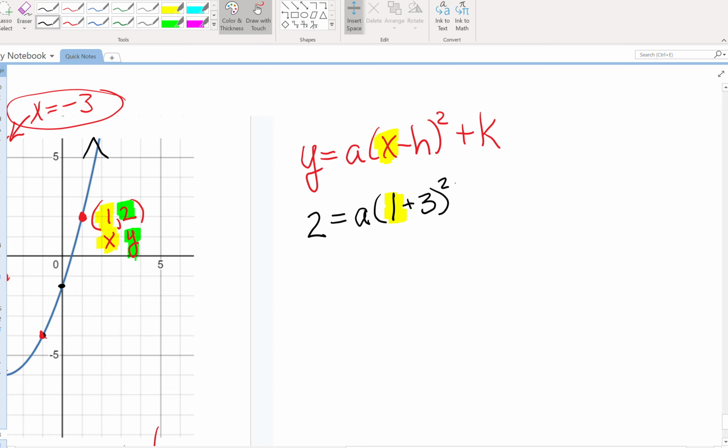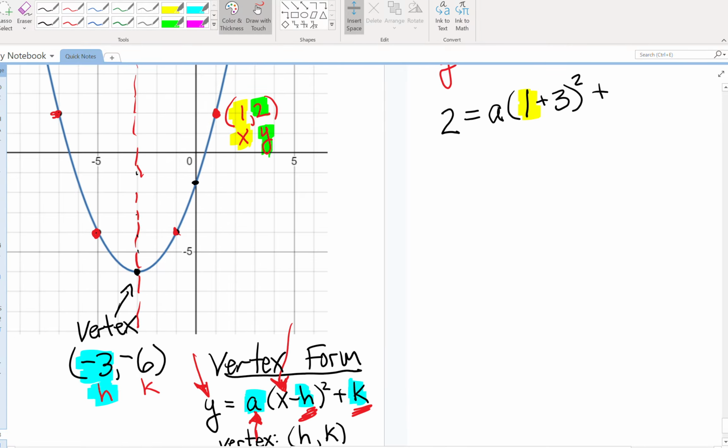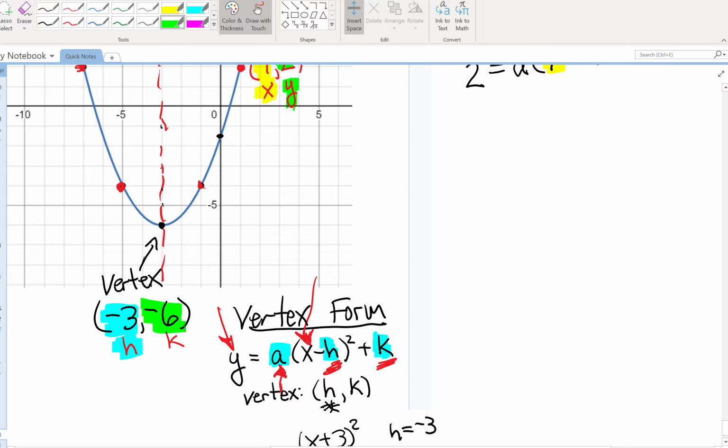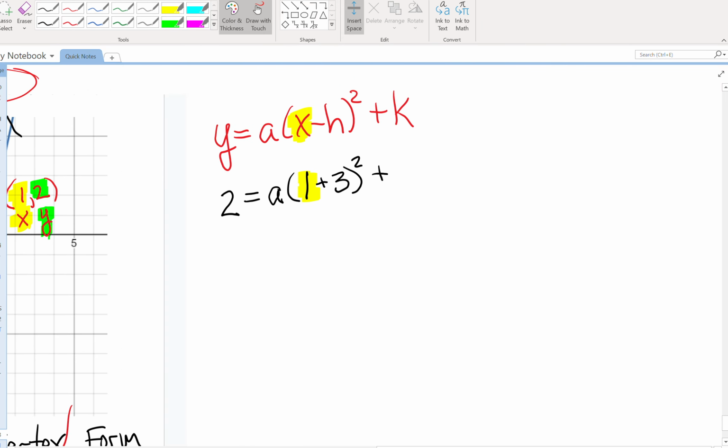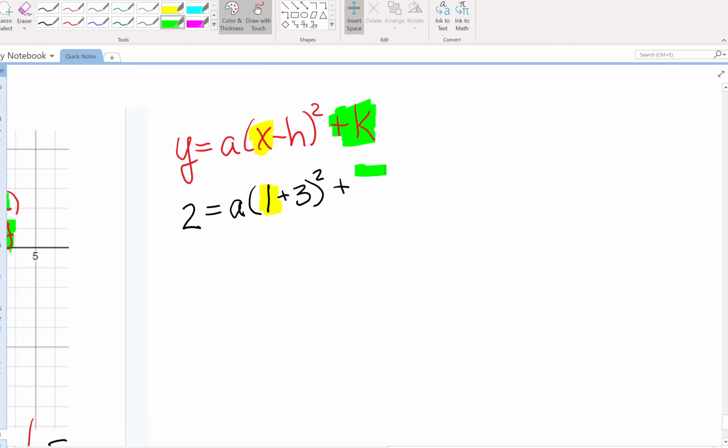Then this is squared, and then I've got plus k, which is -6. So here instead of k, I'm going to put -6. Now the only thing I don't know is a. So the rest of this I can work through. I've got 2 is equal to a times (1 plus 3) squared plus -6, or at this point I can just say minus 6.